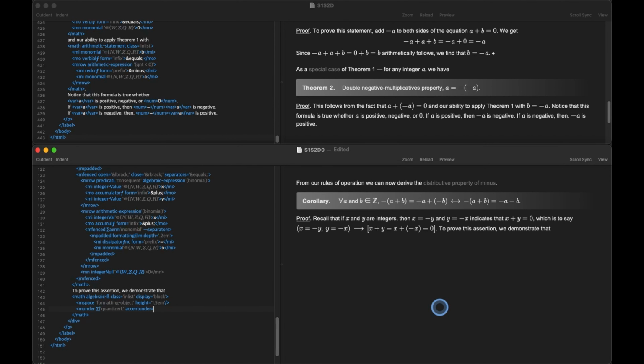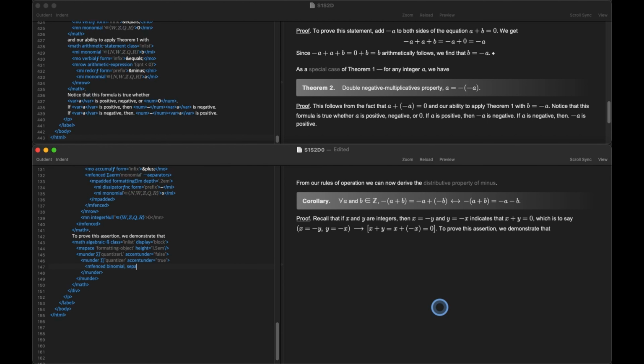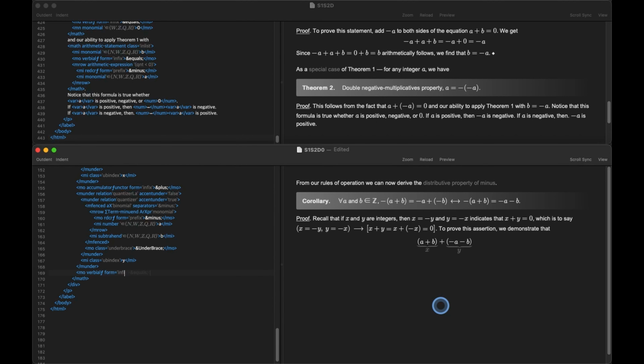So to prove the assertion of the corollary, we can simply assign quantity a plus b to x and quantity minus a minus b to y, and we'll set the sum x plus y to 0. Perfect.